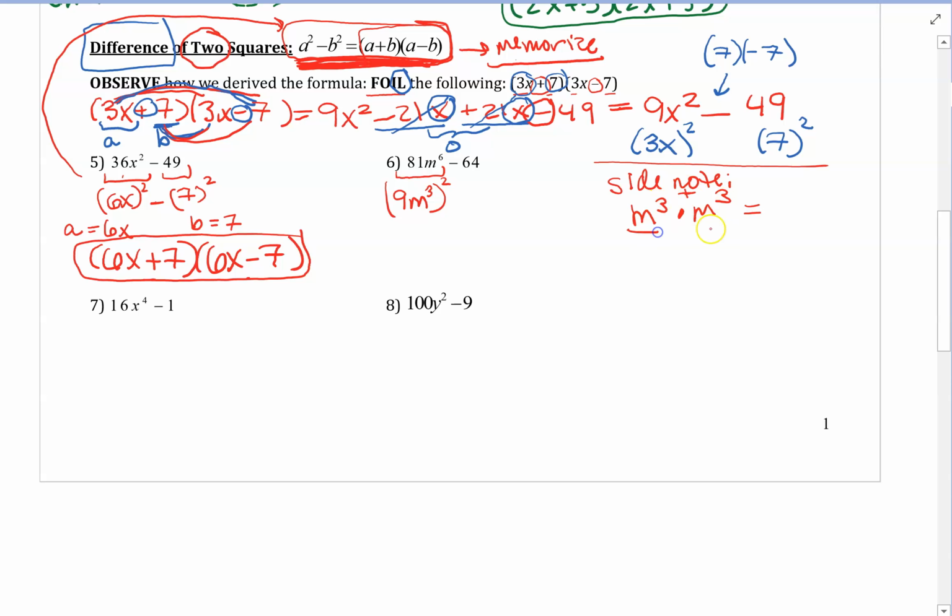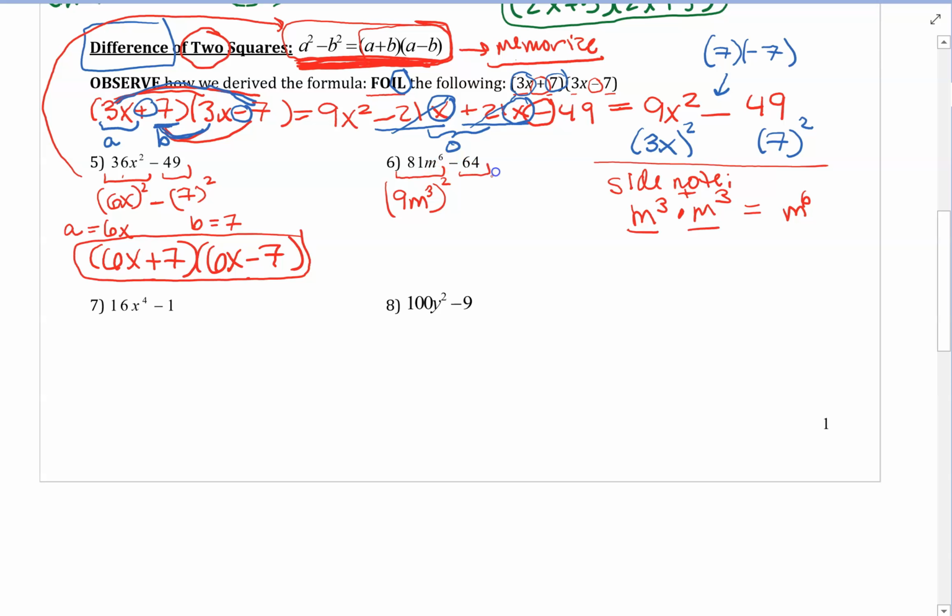When you multiply same bases, you add the powers. So m to the 3rd squared, meaning multiplied to itself, equals m to the 6th. So m to the 3rd is the square root of m to the 6th. So I can still think of this as a perfect square.